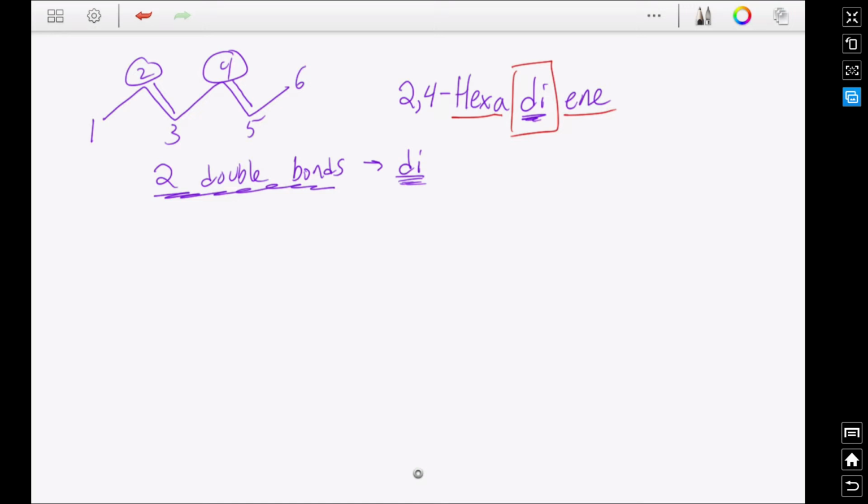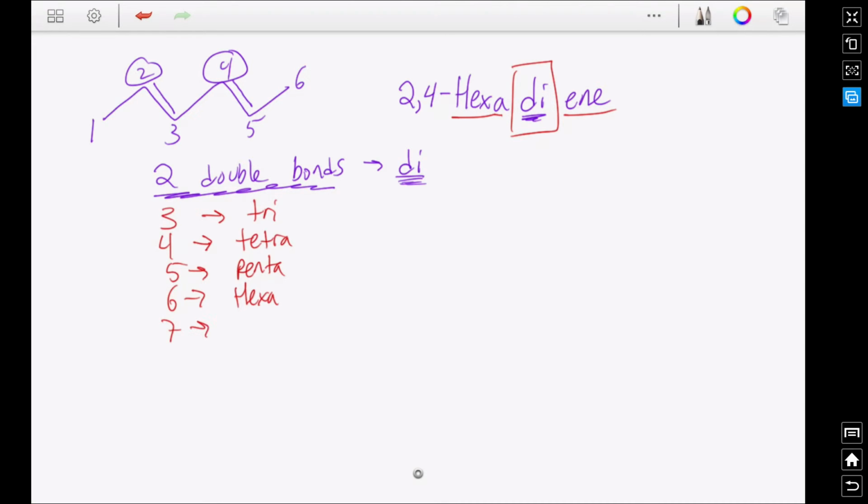If you have, say, 3 triple bonds, 3 would be tri, 4 is tetra, 5 would be penta, 6 would be hexa, and so on.